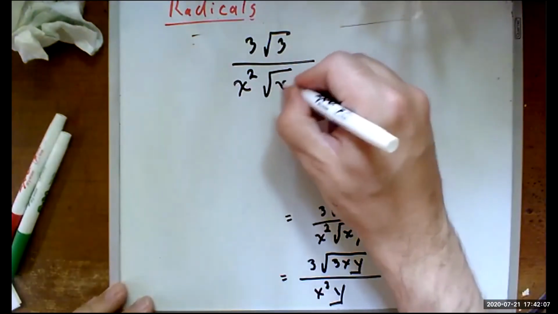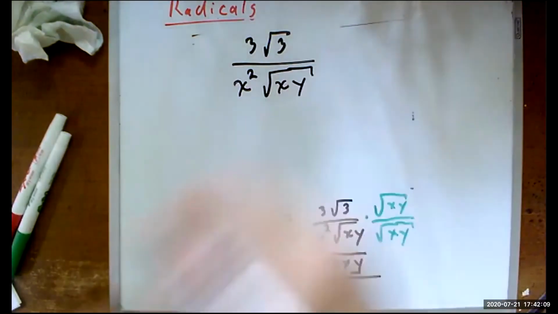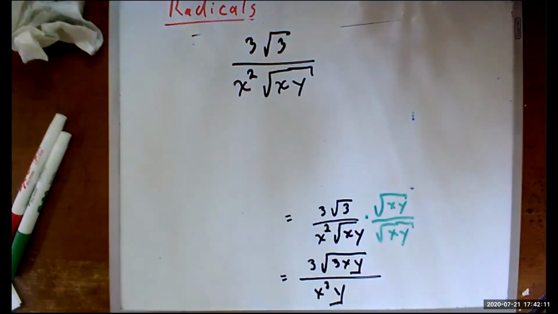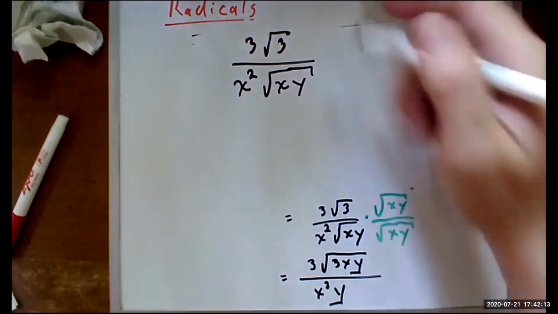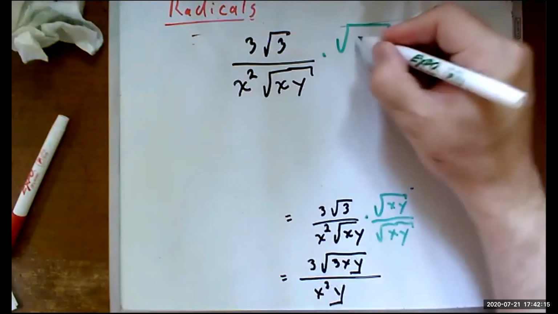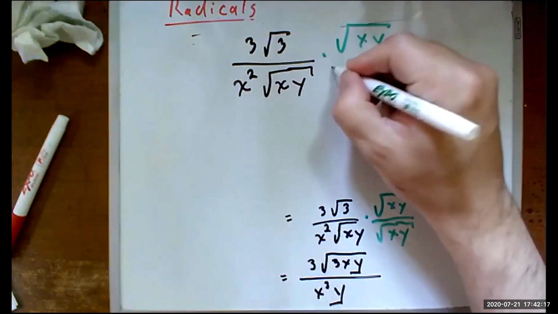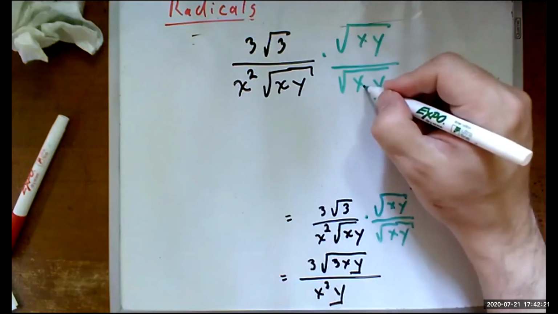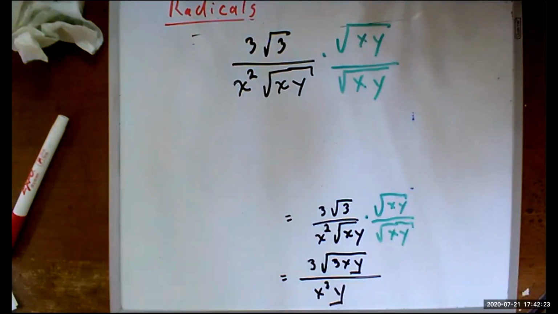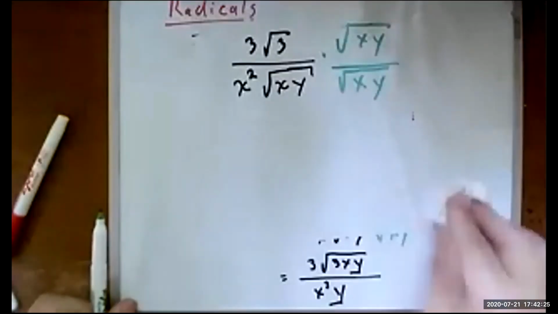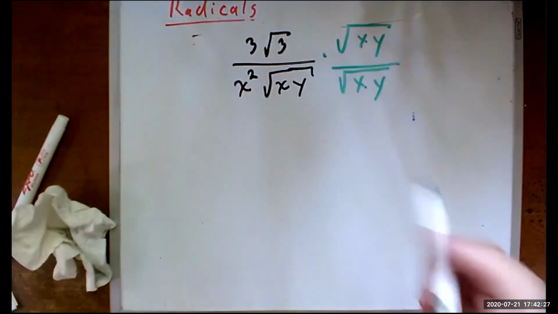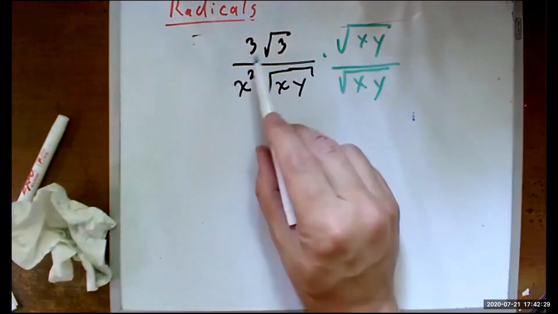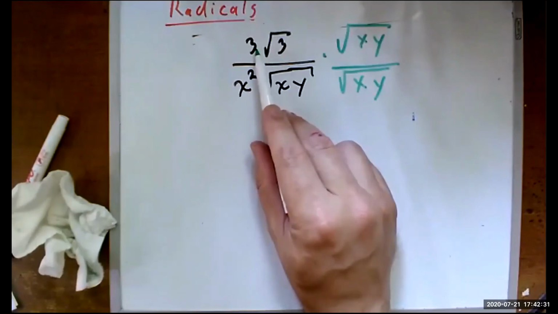So I'm here, I'm at 3 square root 3 over x squared root xy. And this is being multiplied by root xy over root xy.